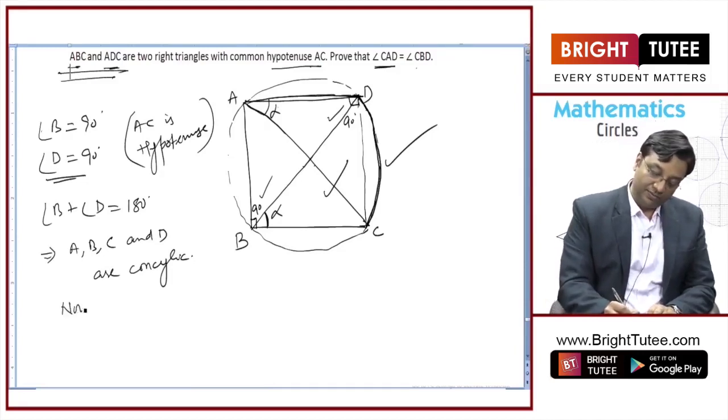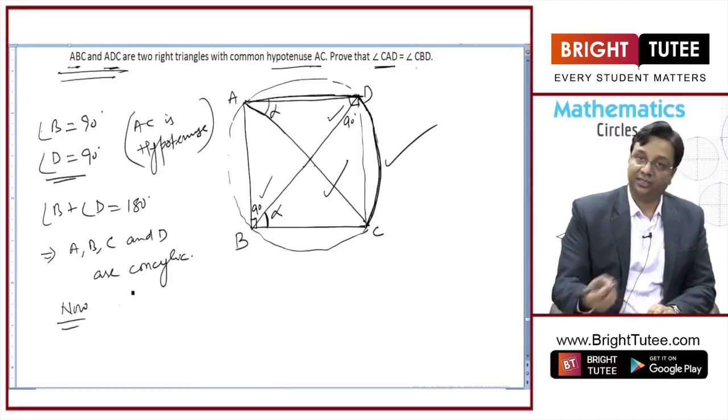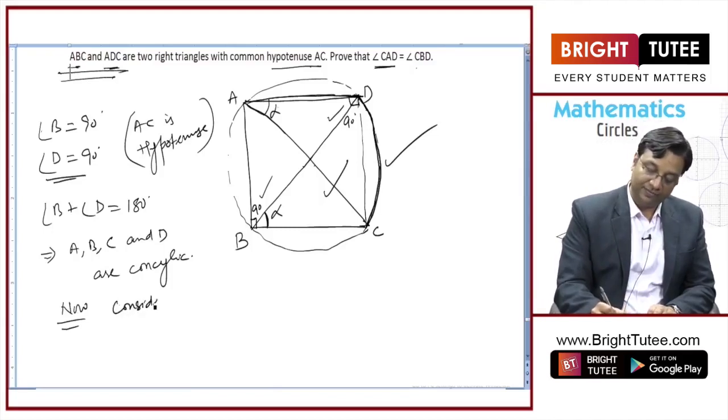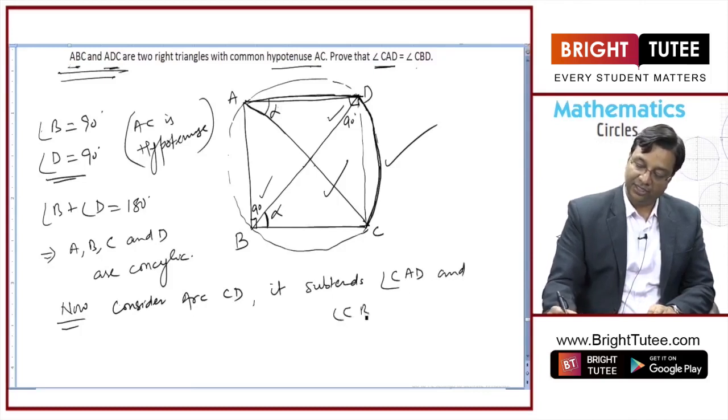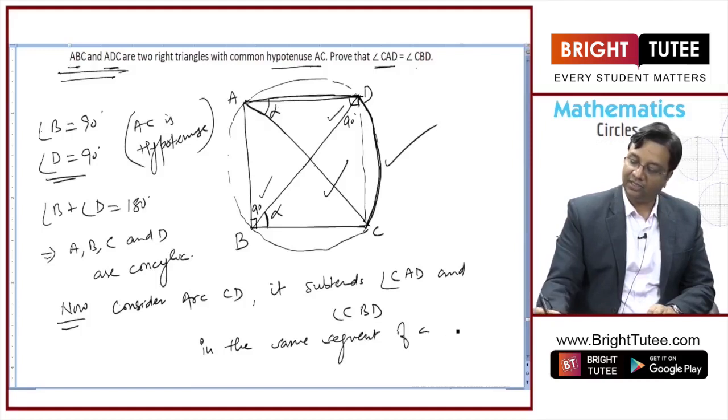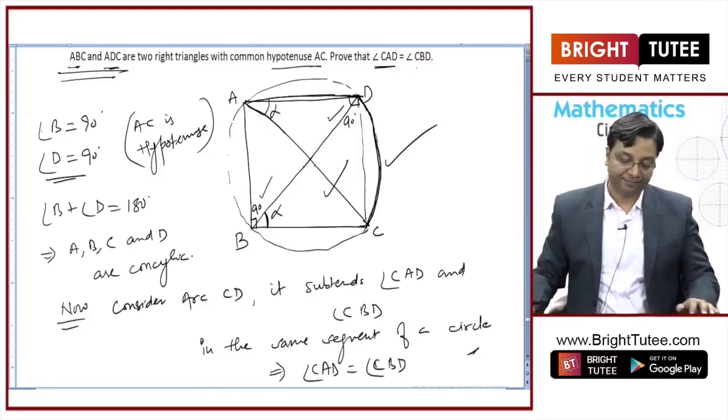So now complete the circle and then consider arc CD. It subtends angle CAD and angle CBD in the same segment of a circle. Hence, these angles CAD and CBD are equal, right?